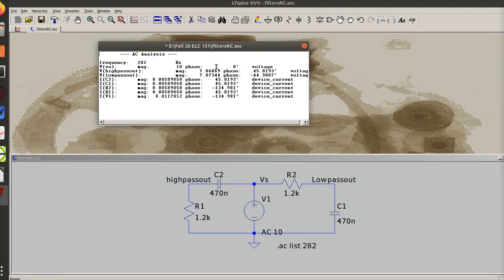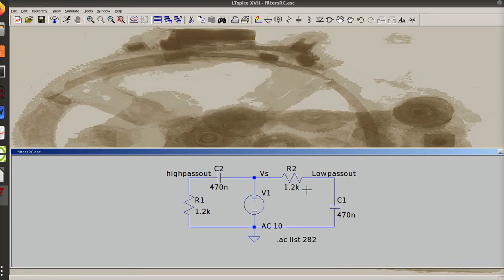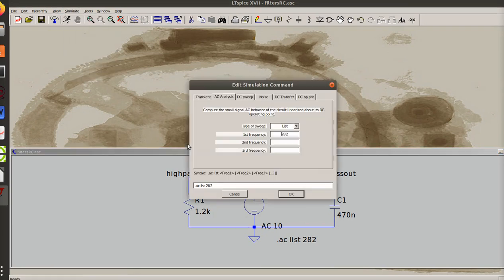And so I'm at 7 volts. Since we're using the same components for high pass and low pass, they're going to have the same corner frequency. So at this frequency, everything's the same. Now we're going to close this and we're going to do the 28.2.